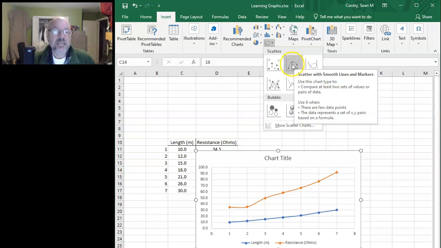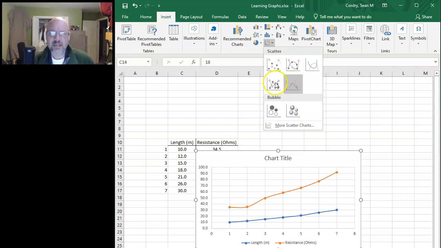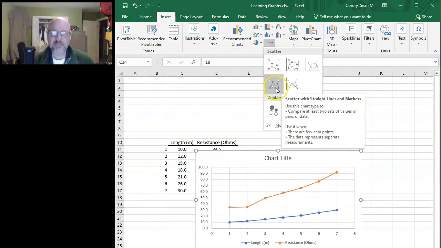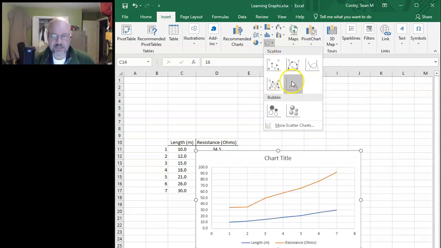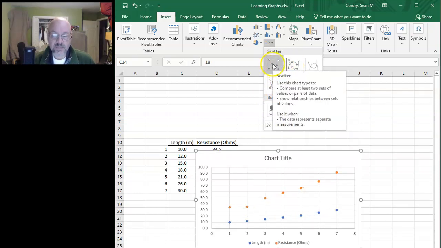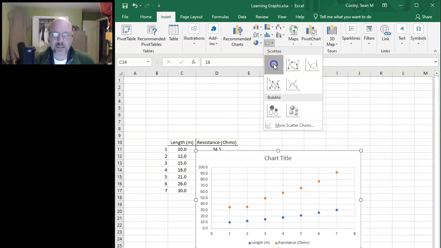And we don't necessarily know that 2 consecutive data points are connected in a way that the line suggests. They may not be related that way. So that's a mistake. This one and this one, they're just crazy. You don't want to do that. So this is what we want right here.